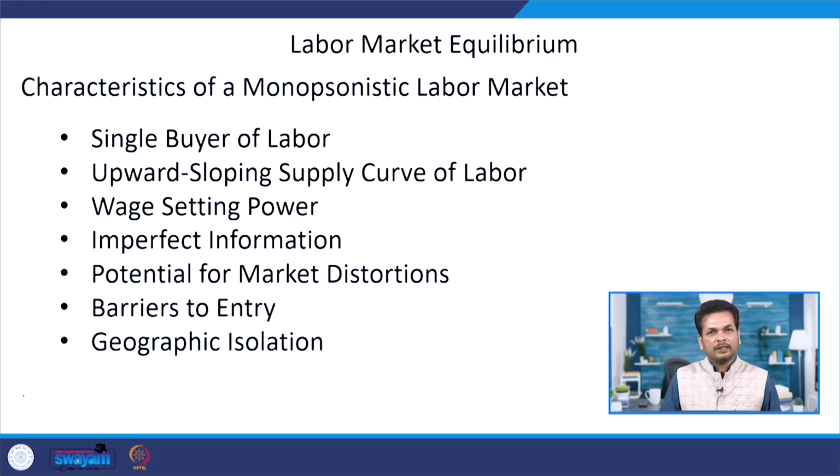Like a perfectly discriminating monopsonist, a non-discriminating monopsonist has these characteristics: there is a single buyer of the labor in the labor market, an upward sloping supply curve of labor, and the firm or the industry has some kind of power to set the wage. So, the firm is a wage setter, there is imperfect information, and there could be potential market distortion. There would be some barriers to entry and geographical isolation.